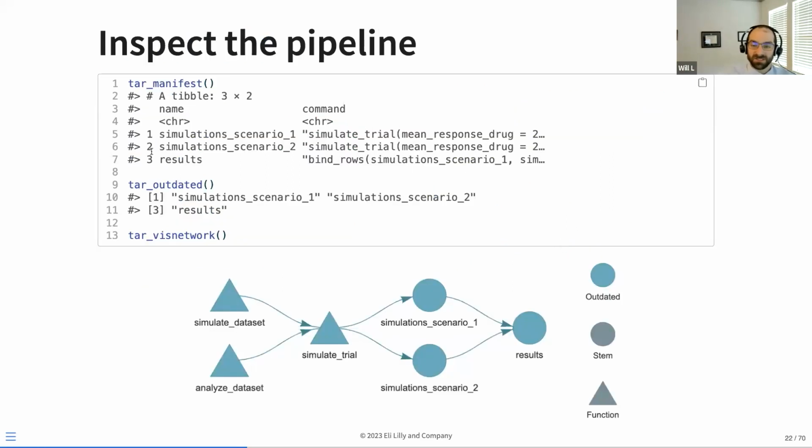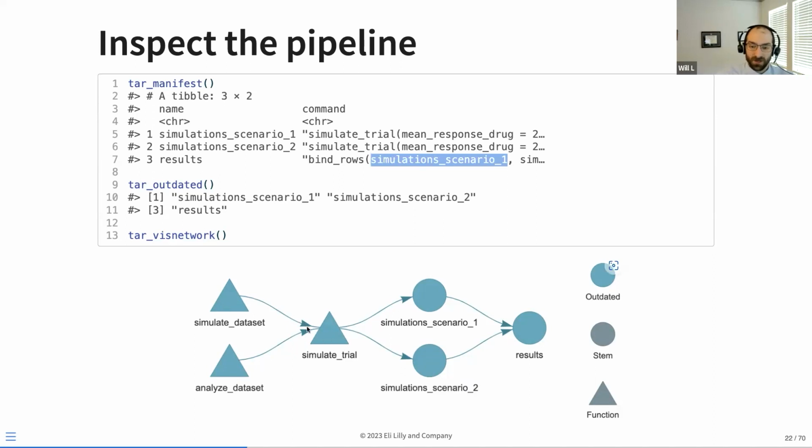And targets understands, by way of static code analysis, all these codes and how all your functions and commands fit together. So if we run tar_visnetwork, you get a dependency graph of all of the functions and objects and targets in the pipeline. For example, this results target depends on simulations 1 and simulations 2, because the command for the results, as you can see in tar_manifest, depends on these symbols, simulation scenario 1 and simulation scenario 2.